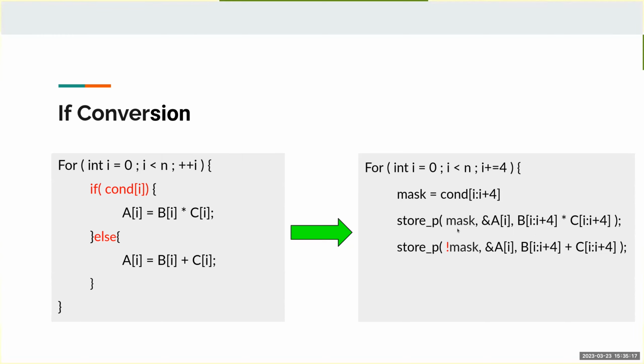For the else block, it is quite similar. We are doing the addition of those loaded vectors, but this time we do the store operation only if the mask is false. So for the false or inactive lanes of the mask vector, we do the operation.